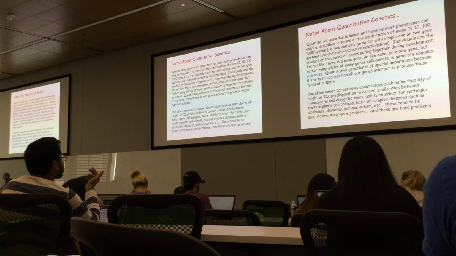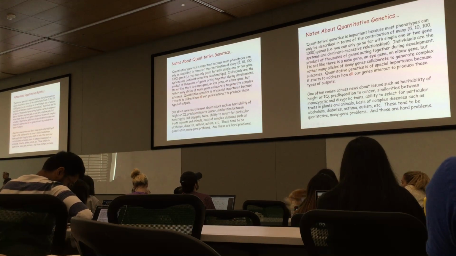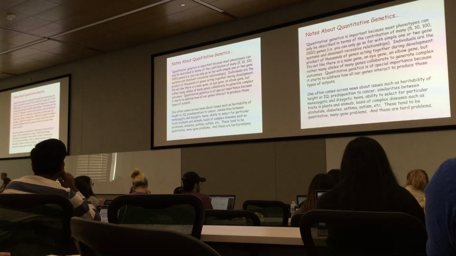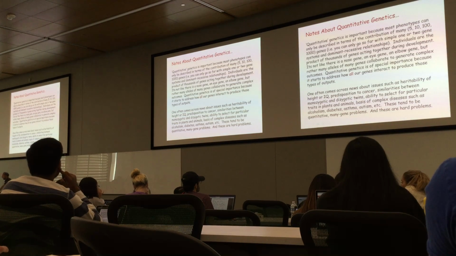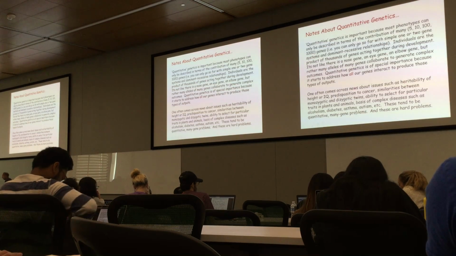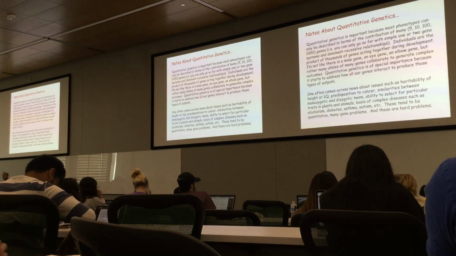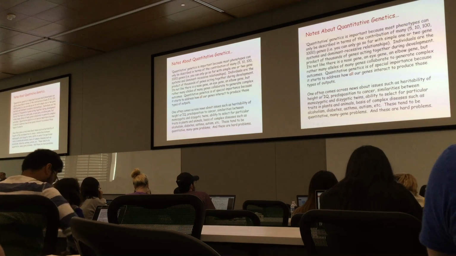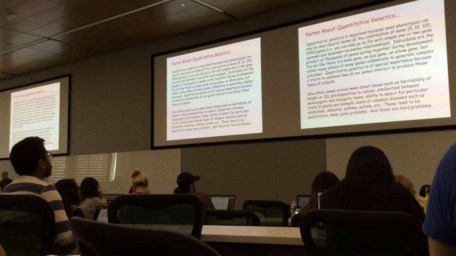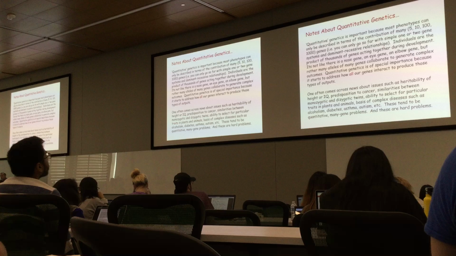And in the news, you often hear about things like height or IQ or predisposition to cancers or similarities or differences between monozygotic and dizygotic twins and all this kind of stuff, autism, asthma, diabetes, whatever, all these things. The question is, are these single gene type of traits where we know one gene and it's kind of a binary yes or no? And for the most part, a lot of these things aren't like that.